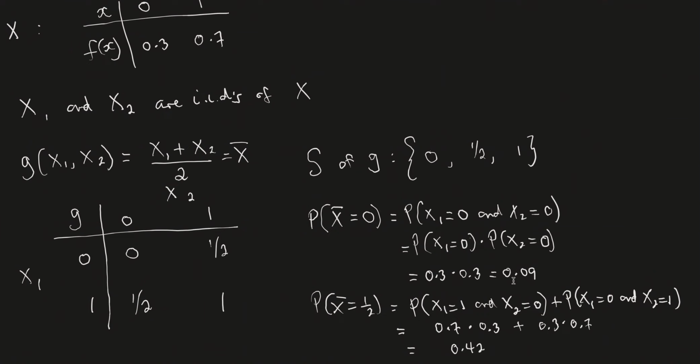Now, if you think about it, we only have one other possibility. There are a couple things we could do here. We could use the complement rule and say, okay, we now know the probability of these three things happening. So the probability of the last possibility is 1 minus that.